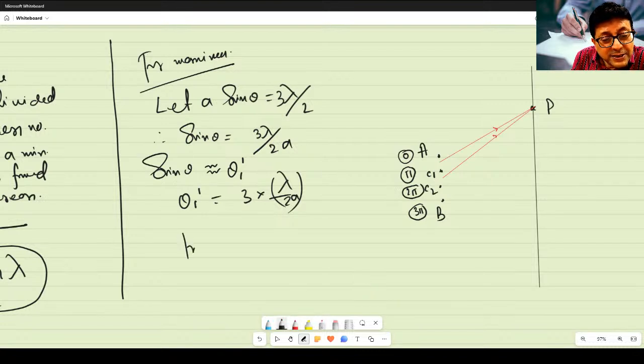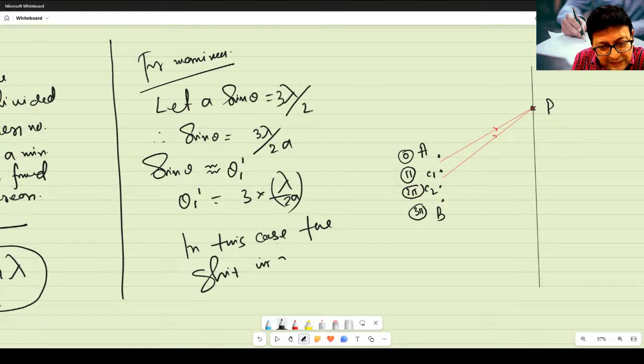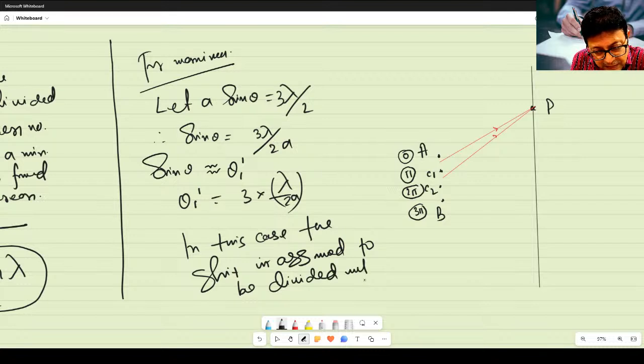In this case, the slit is assumed to be divided into three parts.